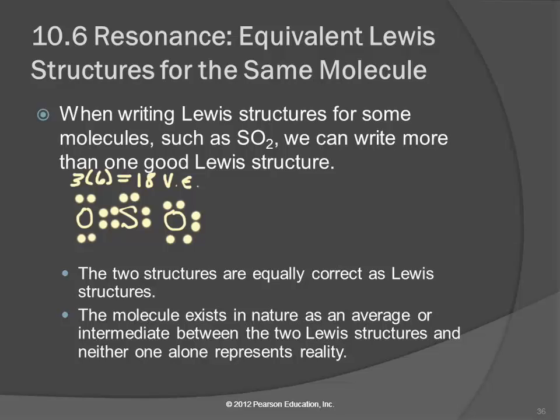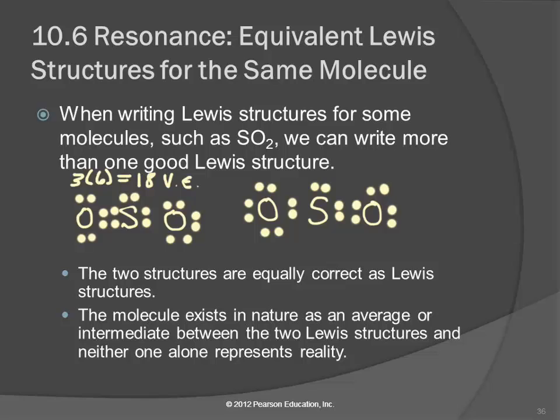But really, how is that different than this one? Why did the one oxygen get the double bond and not the other? It doesn't really matter. So those are equivalent.